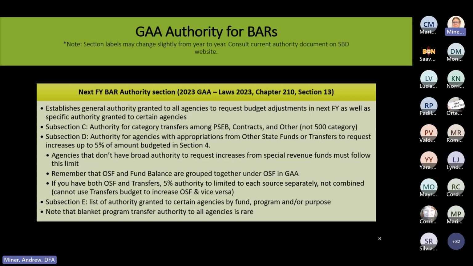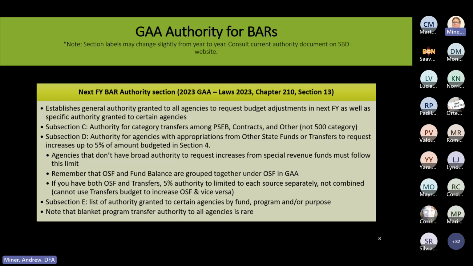Okay, so here you mainly want to look at subsections C and D for the general authority. Subsection C gives agencies authority for category transfers, again among PSNB contracts and other, so the 200s, 300s, and 400s, not the 500s. Why not the 500s?